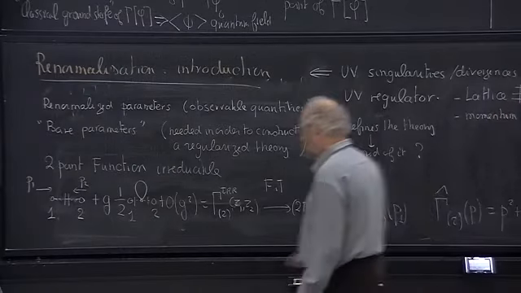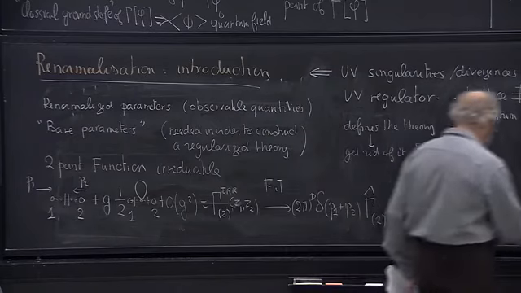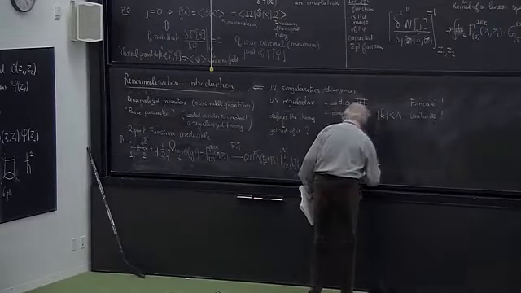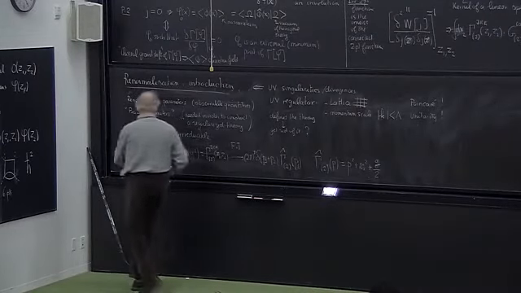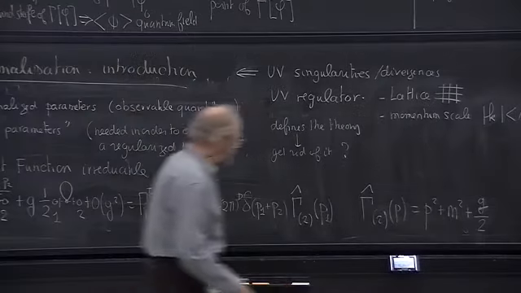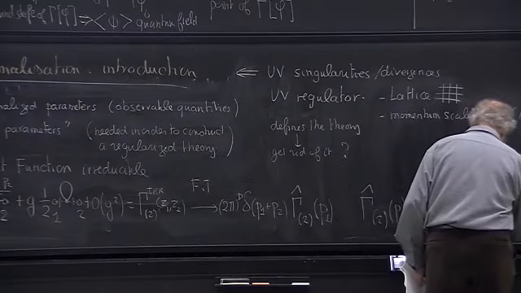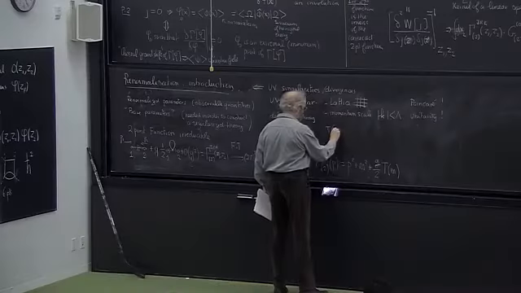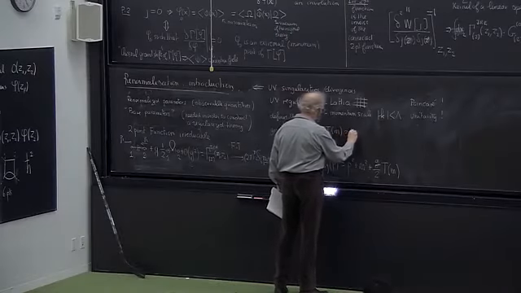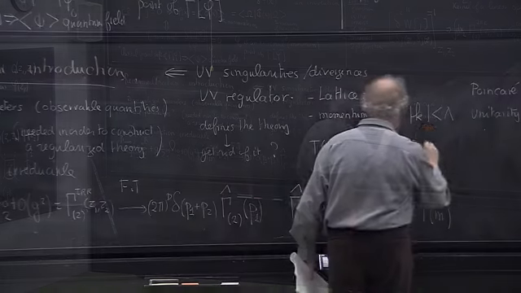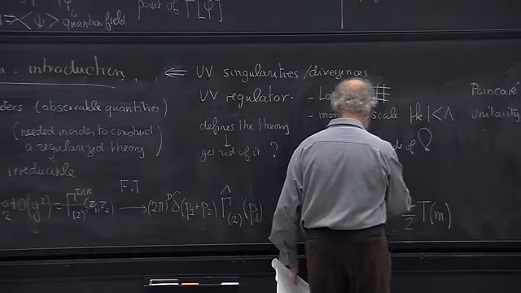And then I get the factor g divided by 2 times the amplitude of this diagram that I'm going to call T of m. So T of m is the amplitude of the tadpole diagram.